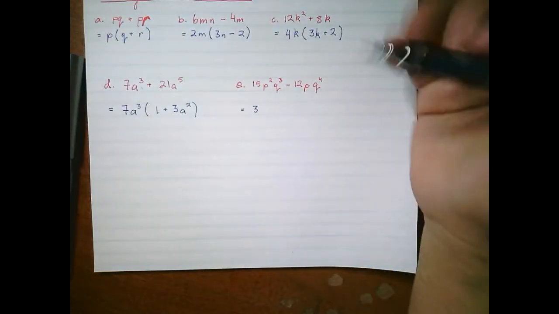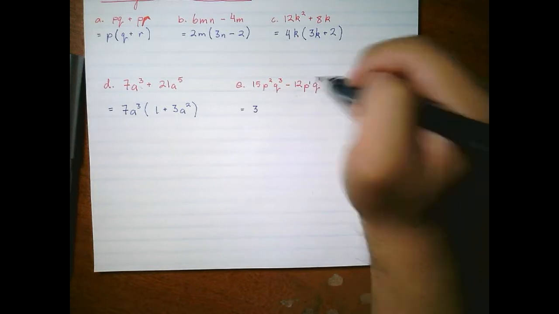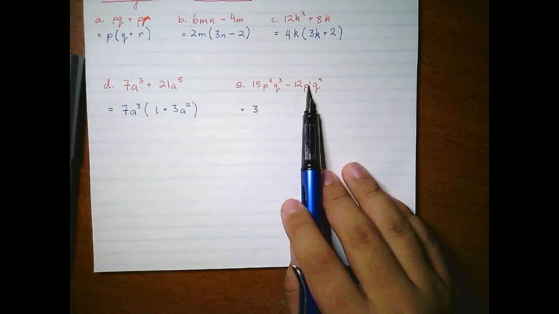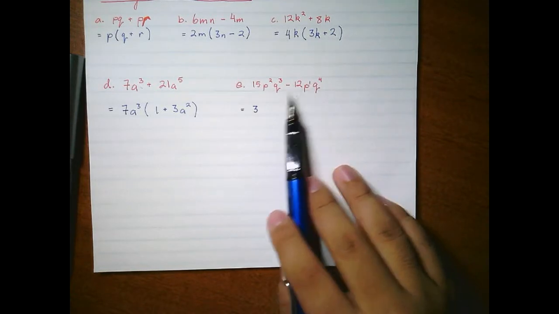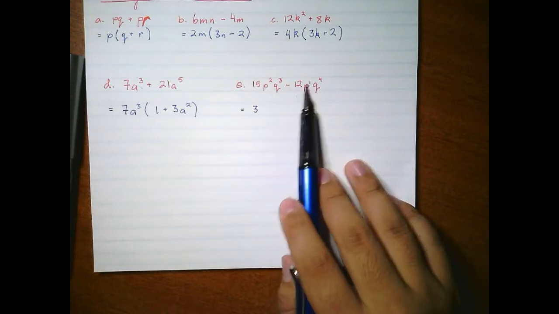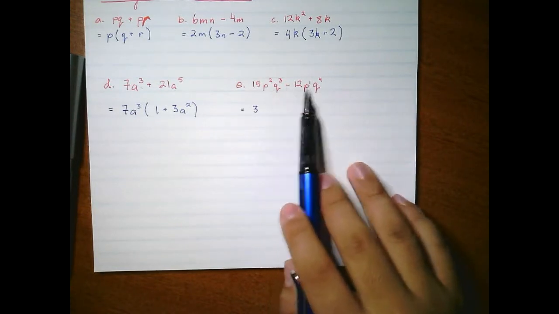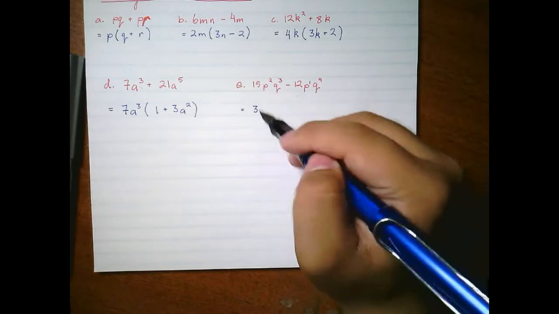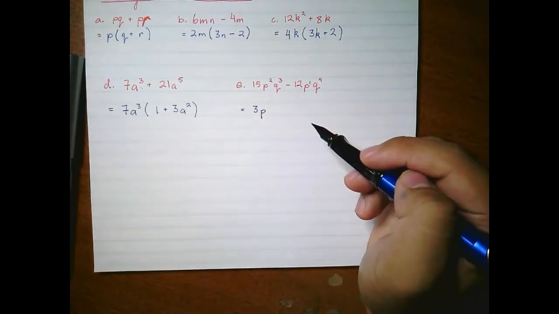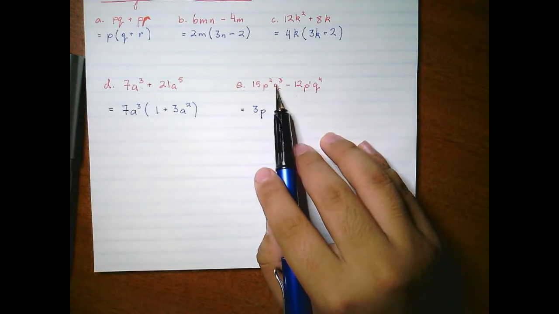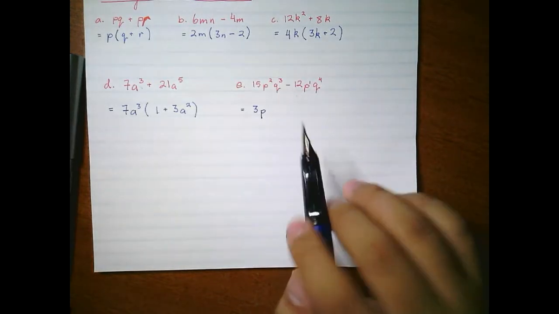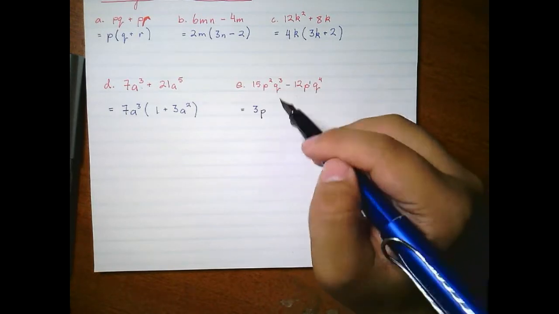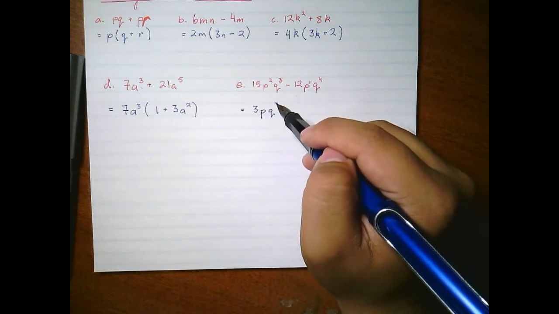Actually, I'll write it in for you just in case you don't know what I'm talking about. That has an index of 1. It's just not written, but I wrote it in for you. What's the biggest P we can take from both of these terms? Well, it can't be P squared because that one's missing 1. So the biggest one we can actually take is just P. What's the biggest Q we can take from 3 and 4? Well, if this has 3 and that has 4, I can take at most 3. That's Q cubed.